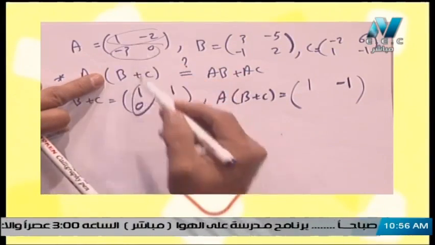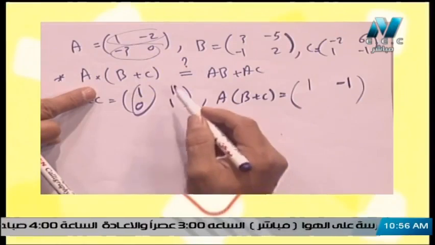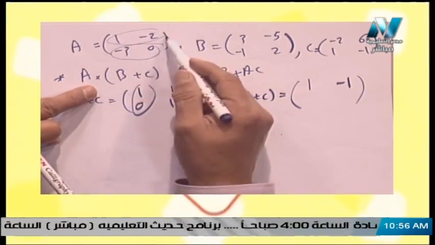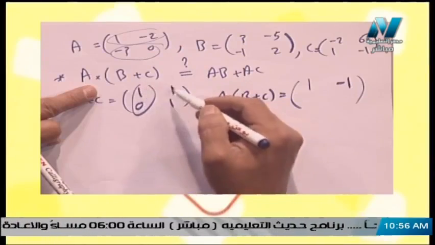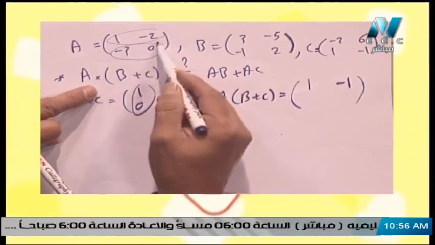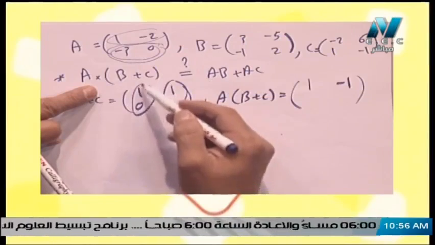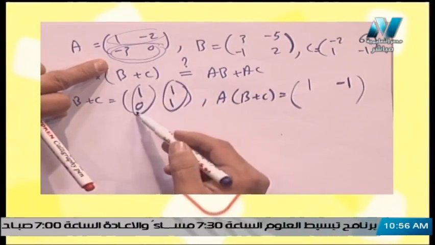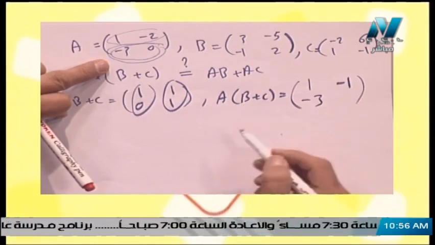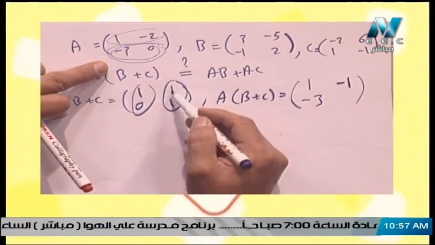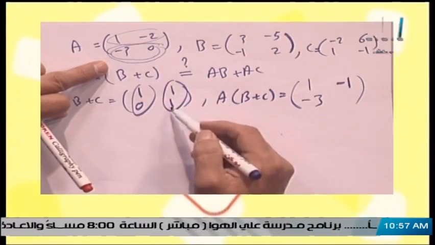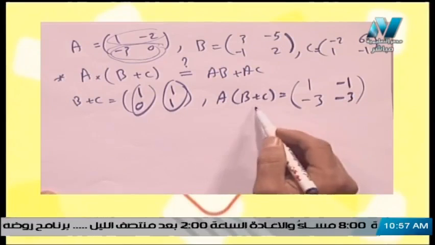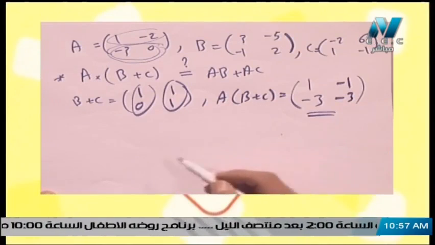The second row multiplied by the first column here: negative 3 times 1 equals negative 3, and 0 times 0 equals 0, so it's negative 3. Negative 3 times 1 equals negative 3, and 0 times 1 equals 0, the sum equals negative 3. So A multiplied by B plus C equals this matrix.